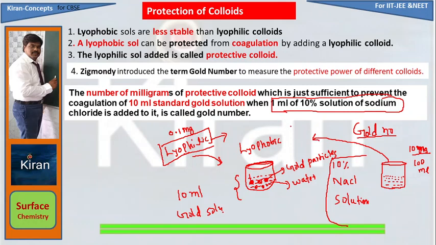So 1 milliliter I am adding to this. Before adding this 0.1 mg, when you add 1 ml of NaCl, all colloidal particles will settle down, coagulated, right? I tested. Okay.